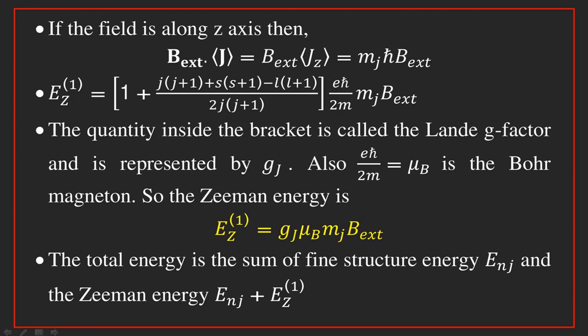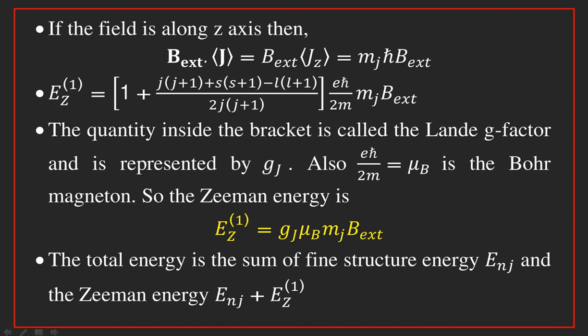Therefore, the first order correction due to the weak field Zeeman effect is this bracket, 1 plus J into J plus 1 and so on, times h cross by 2m into mj into B external. The quantity inside the brackets is called the Lande g factor and is represented by gJ. Also h cross by 2m is the famous mu B, the Bohr magneton.